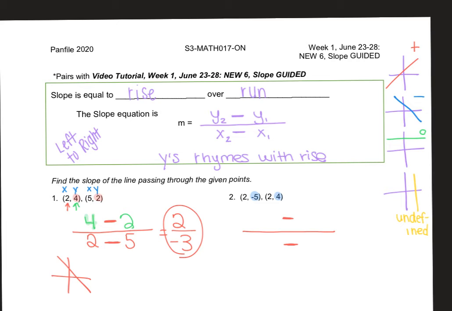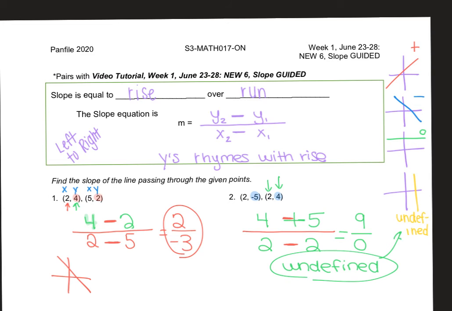So for this one, I'm going to start with the 4, because when I put that -5 there, this becomes a plus. I started with the 4, so on the bottom, I have to do 2 minus 2. So 4 plus 5 gives me 9, 2 minus 2 gives me 0. I cannot divide by 0. It's not allowed. If you plug it in your calculator, you'll get an error message, and that means my slope is undefined.